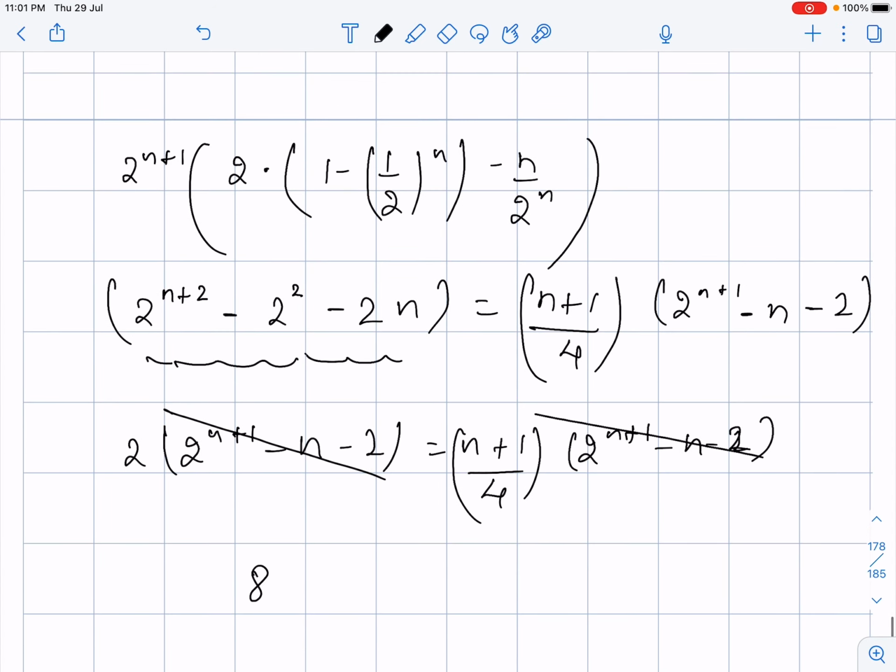So we'll have 8 = n + 1. That means n equals 7.